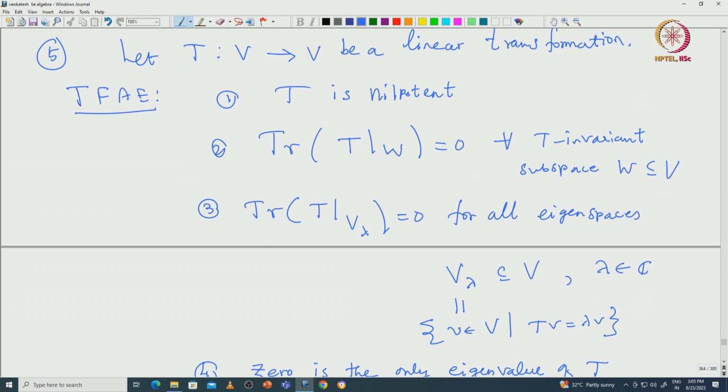For example, one sufficient condition is that if T has a minimal polynomial that has all distinct roots, then T is semi-simple. So, there are various characterizations for semi-simple. I will advise you to revise that.